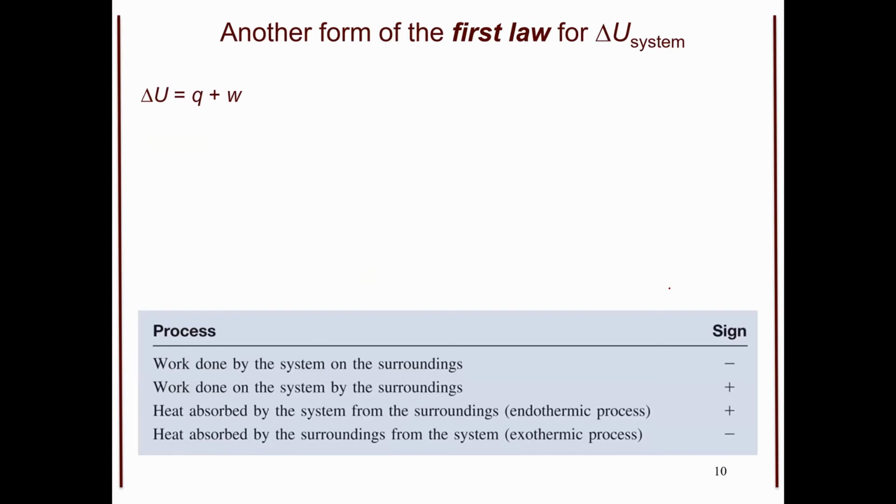So there's another form of the first law of thermodynamics, and that is now combining two types of energy to describe our internal energy. So our delta U is the change in internal energy of a system. This means we are going to take stock of most of the energy types all at once.